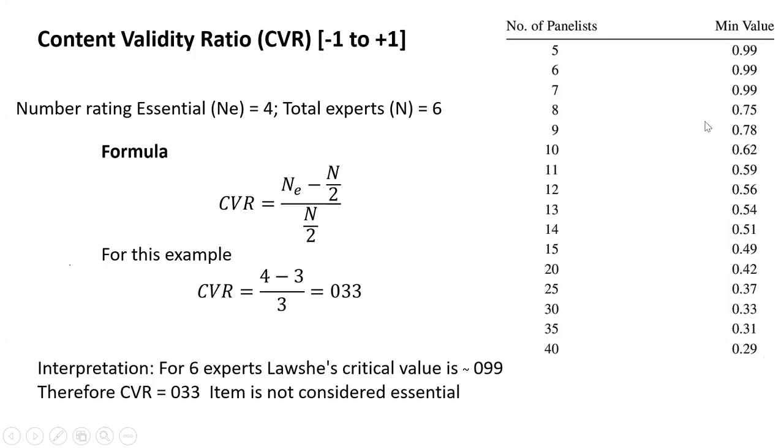So you can see that for 6, you require a very high value. So if it was question number 1 and you are getting a content validity ratio of 0.33, then probably it means that that question can be dropped and it is not essential. So in this way, you can reduce the burden on the respondent by identifying the questions which are not necessary for developing the correct tool.